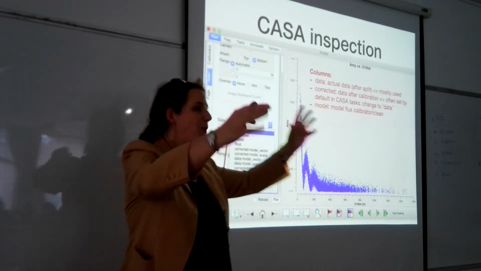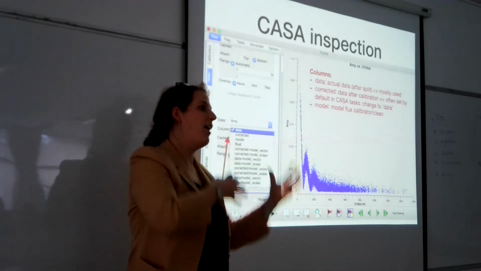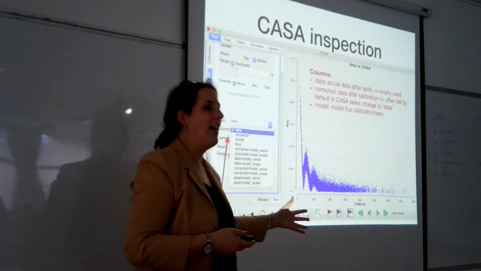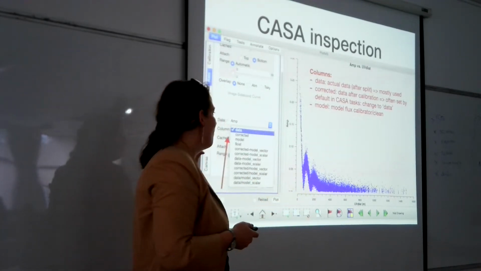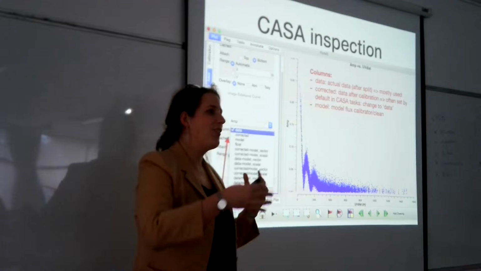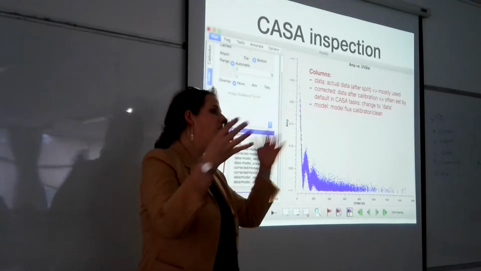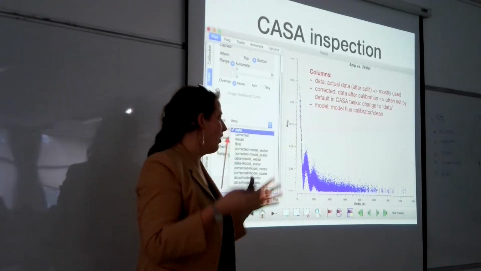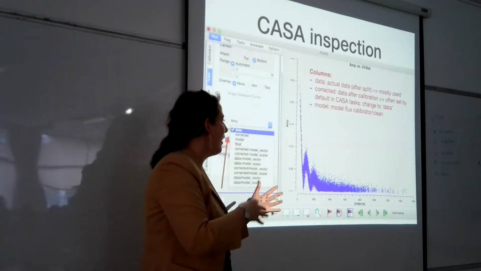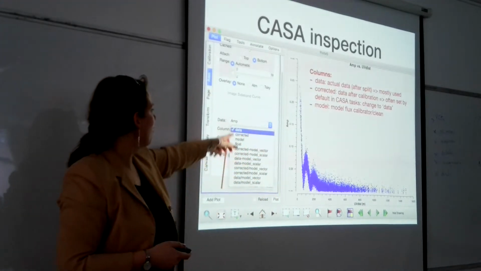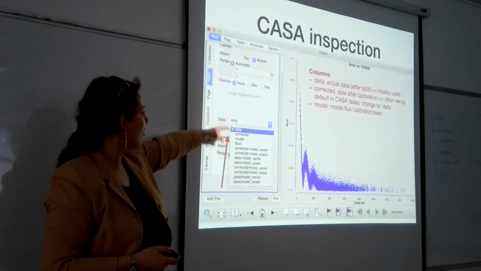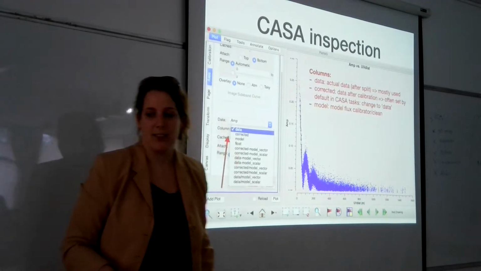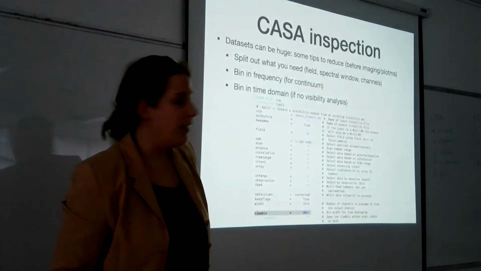However, if you split out your corrected data afterwards, it ends up in the data column. So in practice, if you split out things several times, you always end up with your calibrated data in the data column. So that means you just want to check that in plotms your plotted data column is correct.